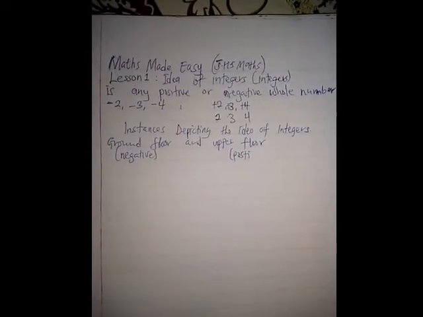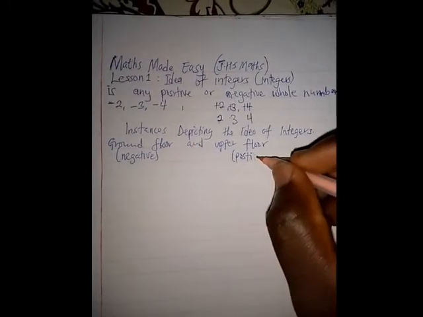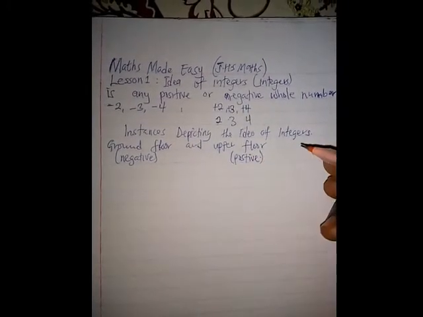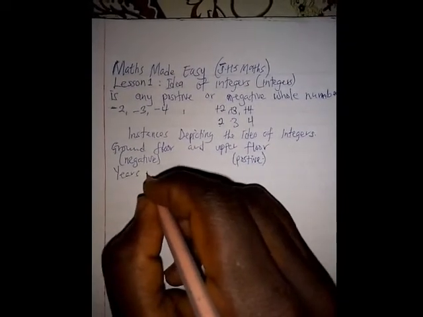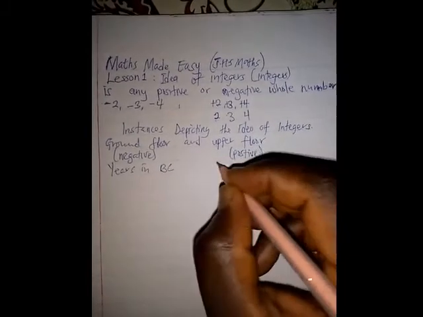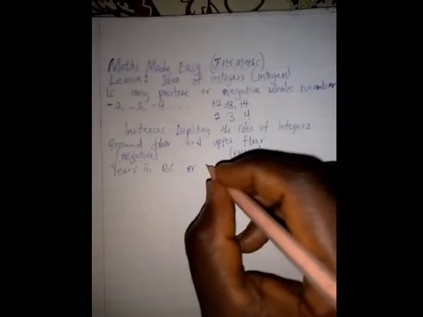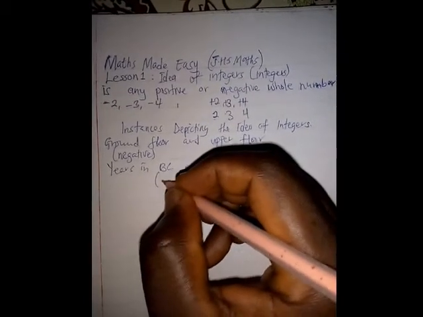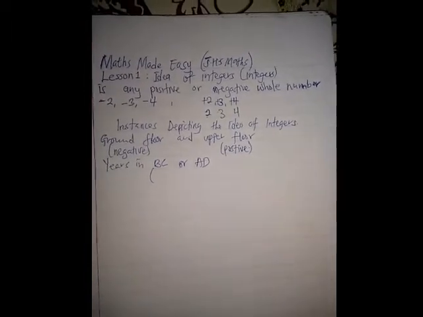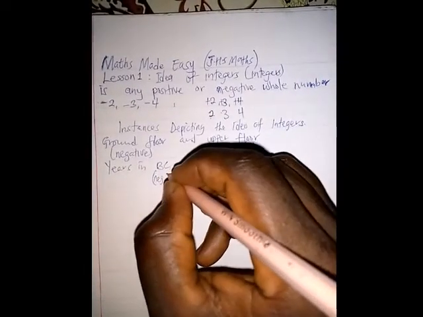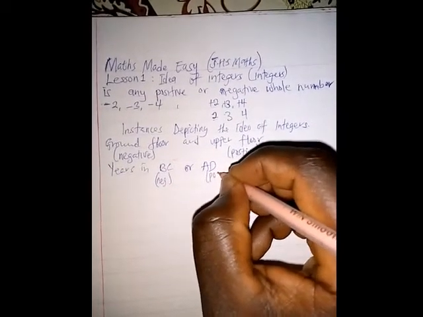The ground floor may be taken as the negative aspect, and the upper floor will be the positive aspect. These are instances that depict the idea of the integers. And we also have years in BC or AD. BC, as you all know, is before Christ's coming, and AD is after the death of Christ. So BC will be the negative, and AD will be the positive.